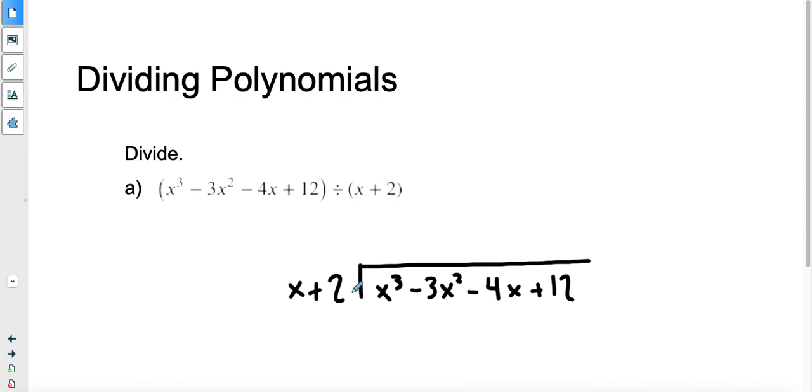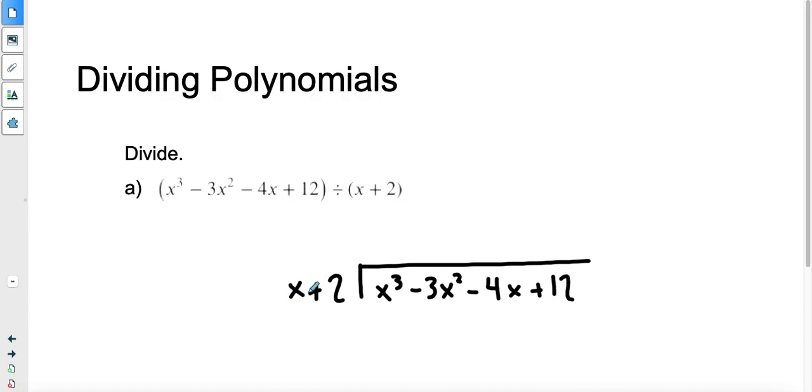And now the process for dividing polynomials is similar to the process of dividing whole numbers. What we're going to do first is, okay, we have an x plus 2. We need to figure out, how many times does x plus 2 go into our polynomial? Or in other words, what can I multiply this by to get this expression?